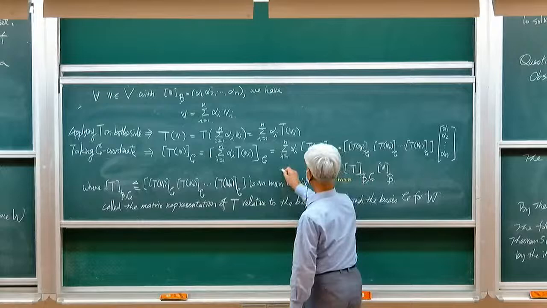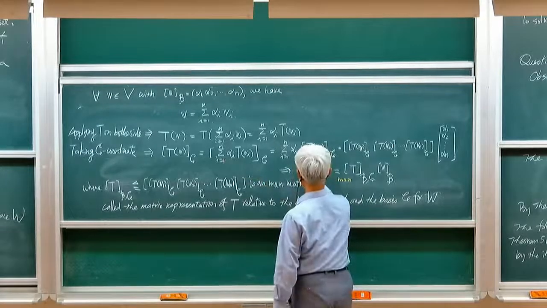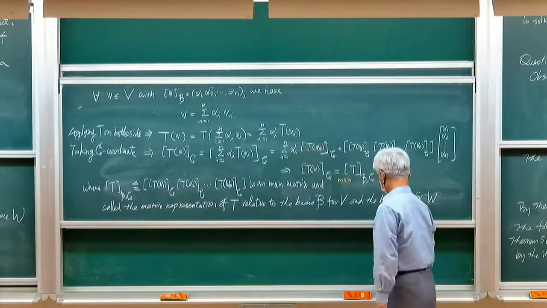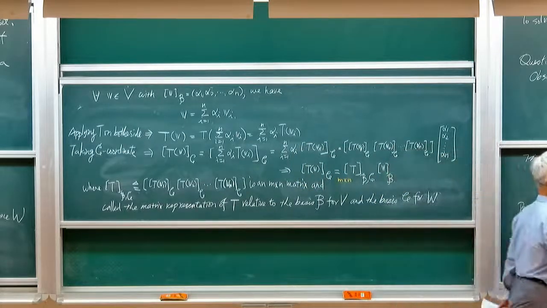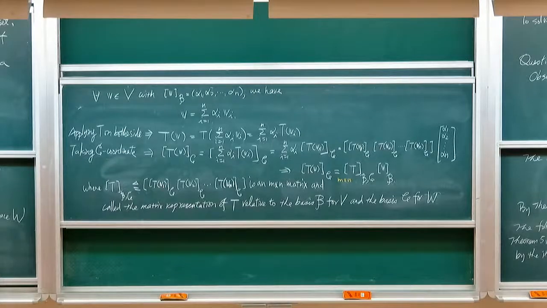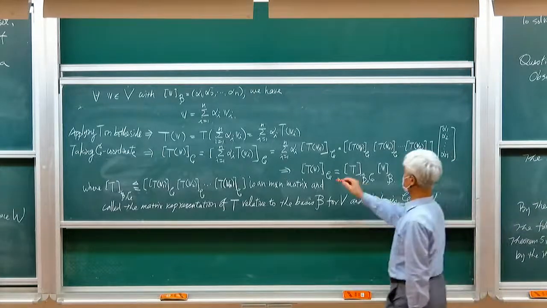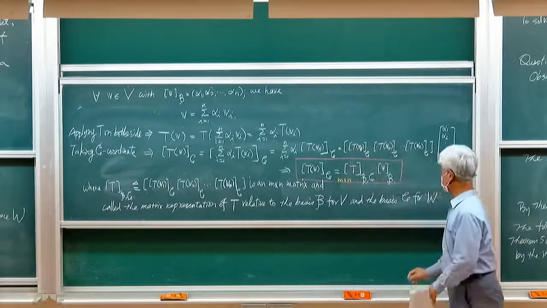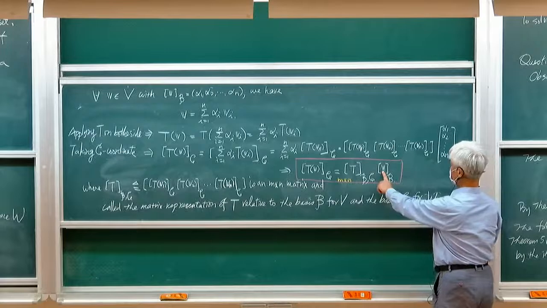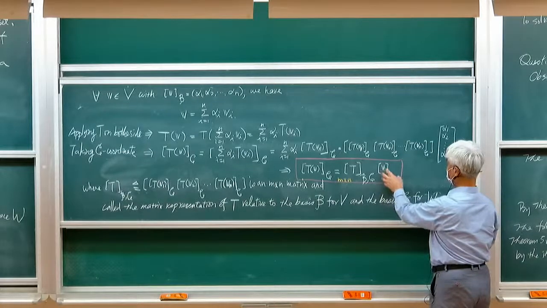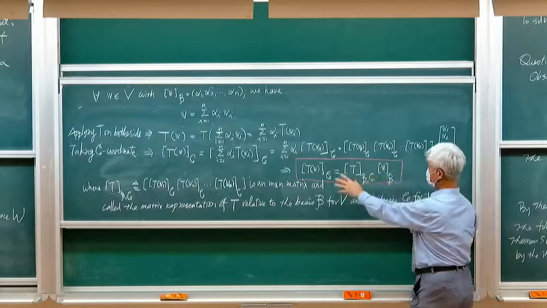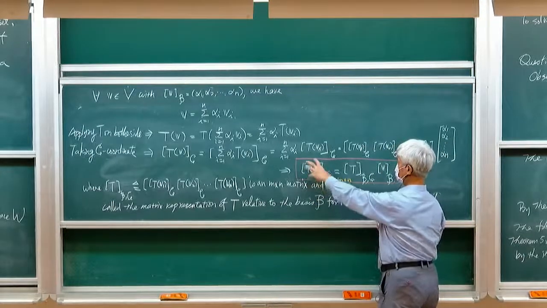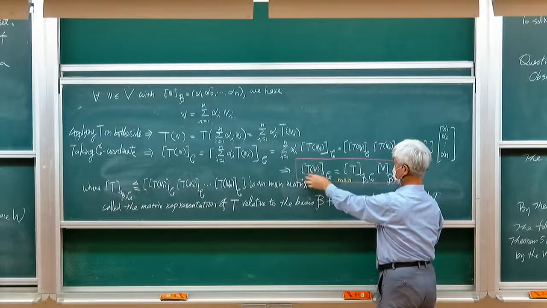If I write it here, from this equation, we can see that the vector v can be replaced by its B coordinate, and the image T(v) in W can be replaced by the C coordinate.